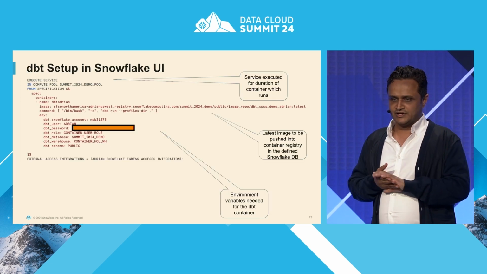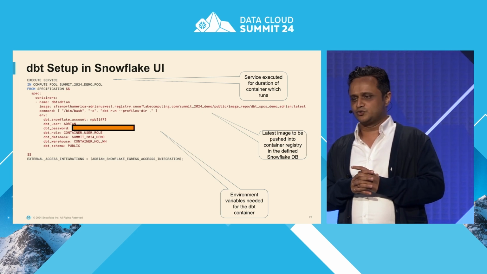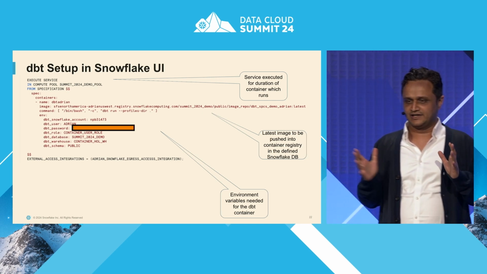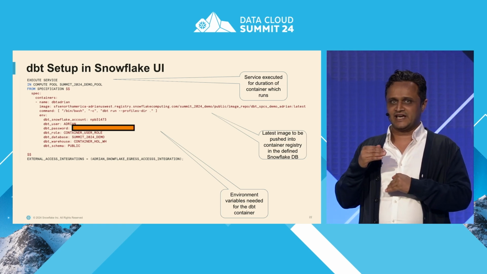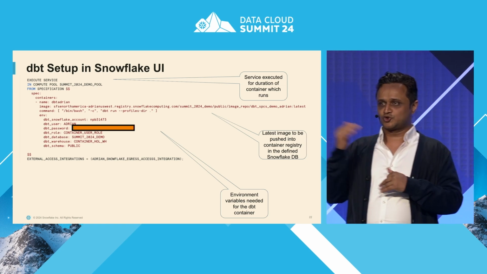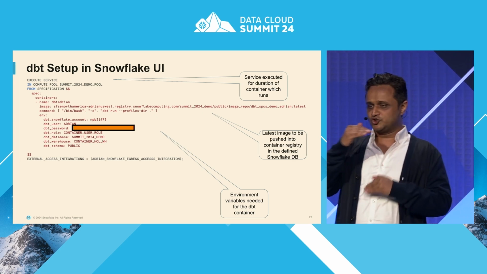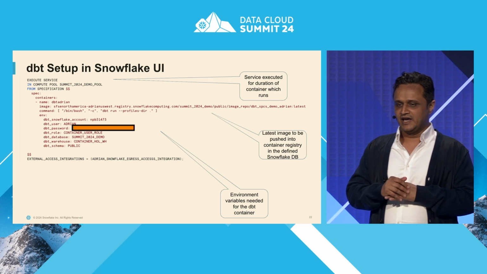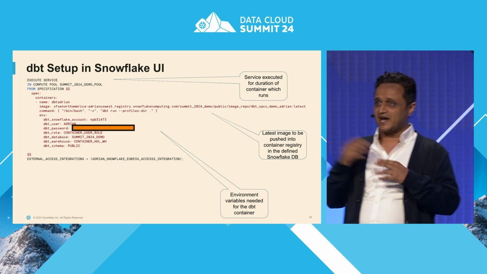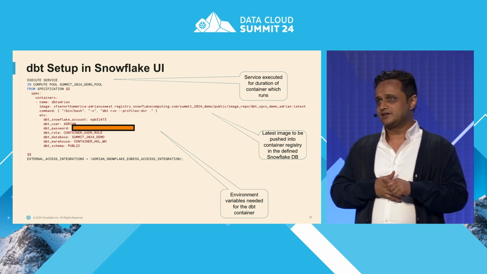In here, we are going to use something called execute service. This will execute similar to a task or a stored procedure inside of Snowflake. It's a similar concept where you're executing a job within Snowflake, and you specify the container and the bash commands to run your DBT pipeline.